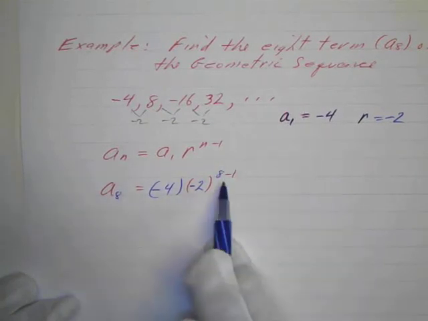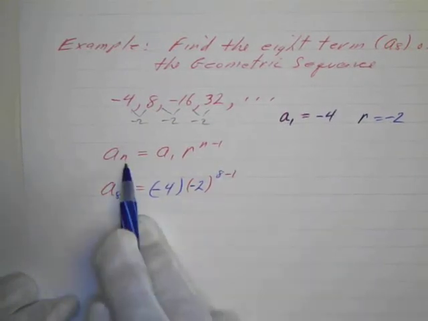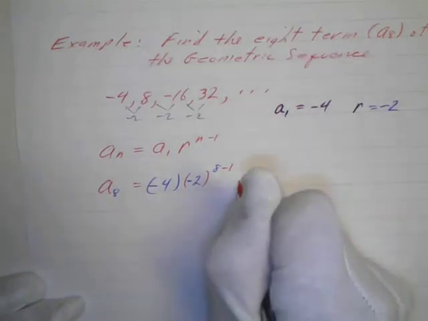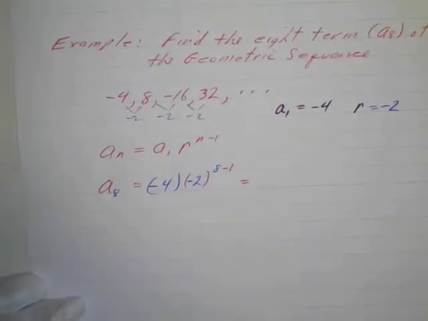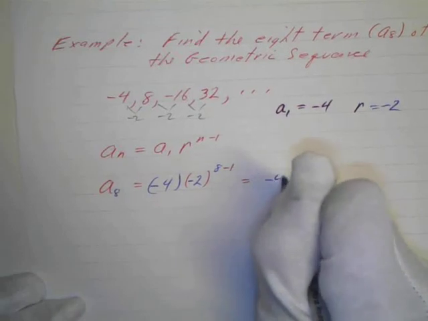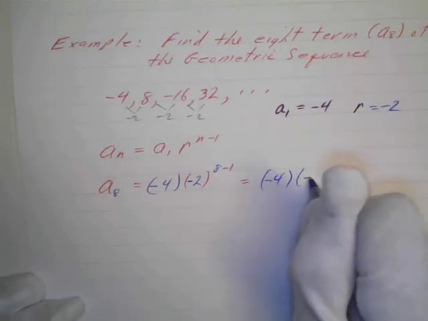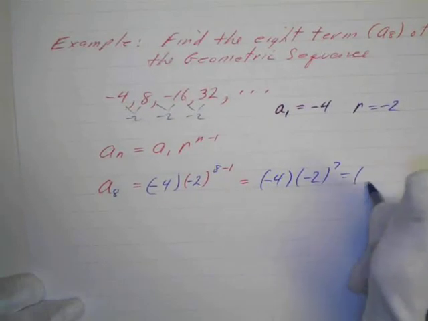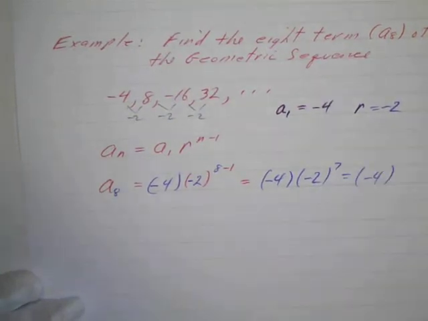If we want the eighth term, it's going to be 8 minus 1. Every time you see an n, you put an 8. So let's calculate that out, and we're going to get negative 4 times negative 2 to the 8 minus 1, which is 7. So that's negative 4 times negative 2 to the 7th.